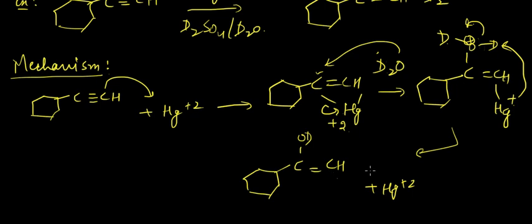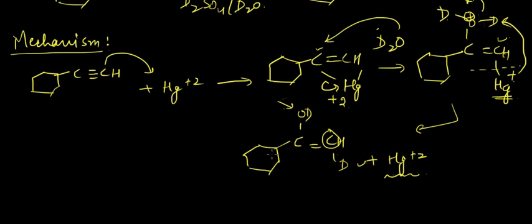Let me show it again. What actually happened here is, we originally had two D attached on the oxygen atom, and Hg plus will leave its bond with the carbon atom and leave the space for D plus to get attached to the carbon atom. So Hg in plus state here will be removed as a plus 2, and D would be coming from this oxygen atom and getting attached to this carbon atom, because the Hg paved the way for the addition of D here.